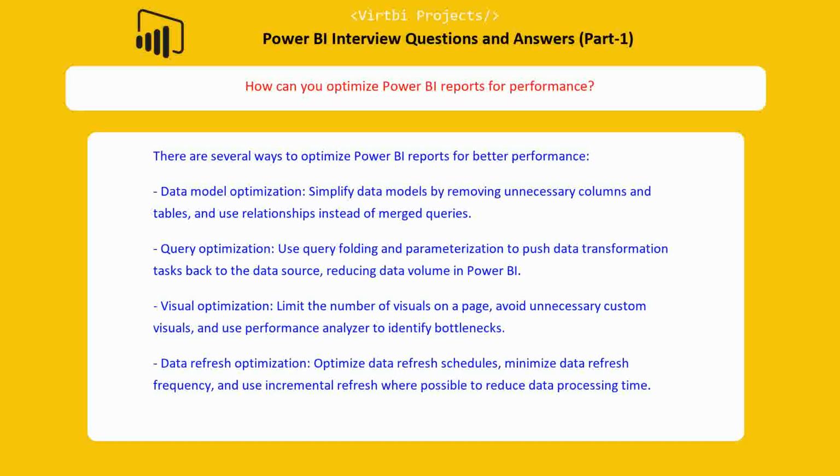Query optimization: use query folding and parameterization to push data transformation tasks back to the data source, reducing data volume in Power BI. Visual optimization: limit the number of visuals on a page, avoid unnecessary custom visuals, and use Performance Analyzer to identify bottlenecks. Data refresh optimization: optimize data refresh schedules, minimize data refresh frequency, and use incremental refresh where possible to reduce data processing time.